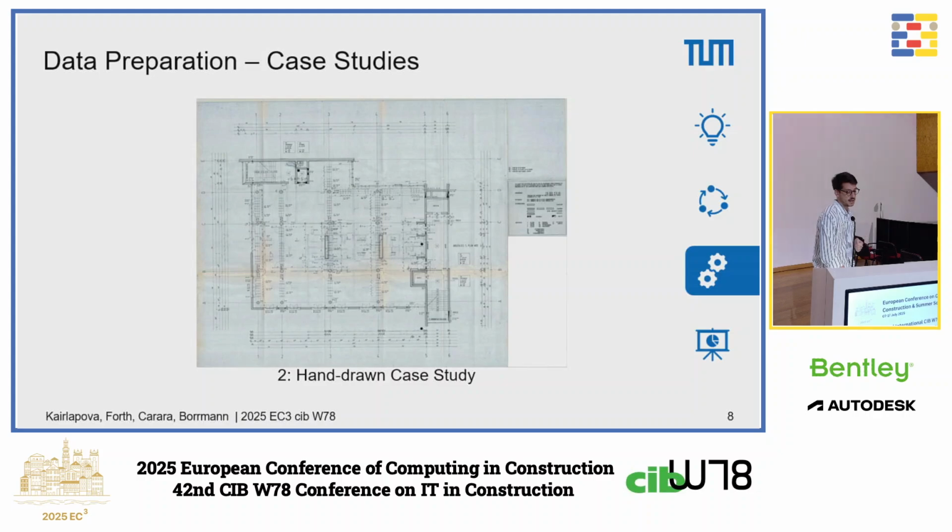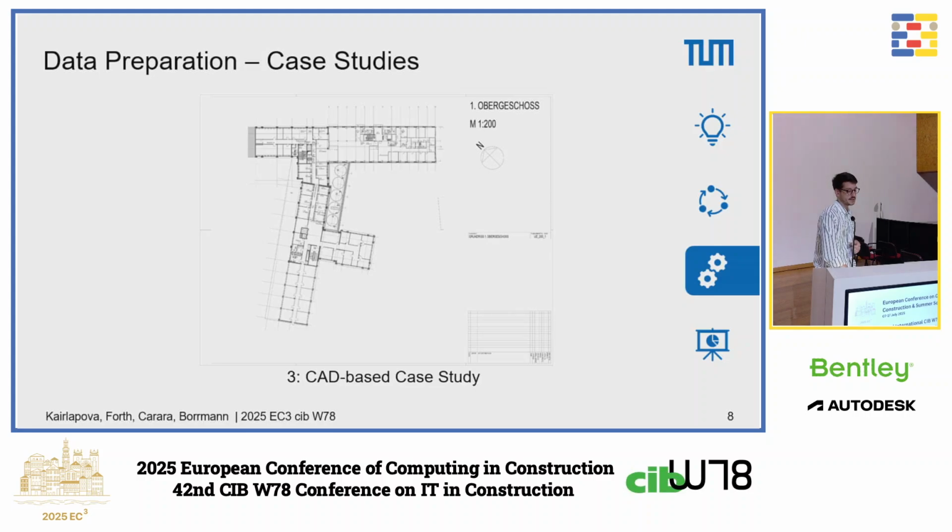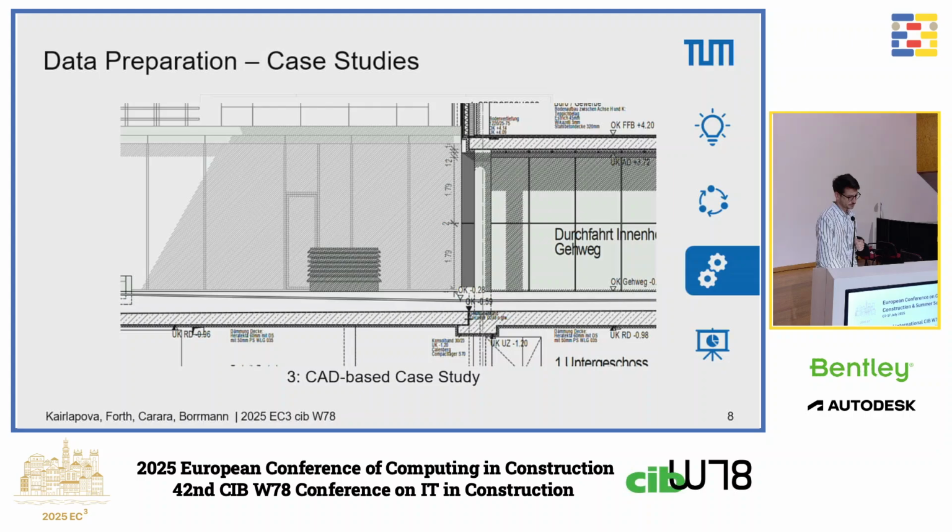Then we had this hand-drawn case study, and we had a CAD-based case study. However, we didn't use vector-based but just image-based floor plans, which has downsides too, but we could train the CNN models on all data sets together and individually, which I will show in a moment.